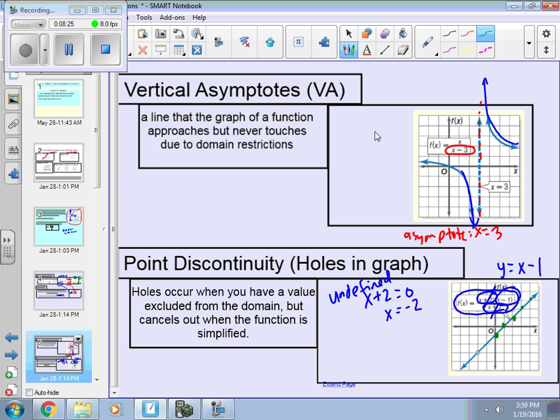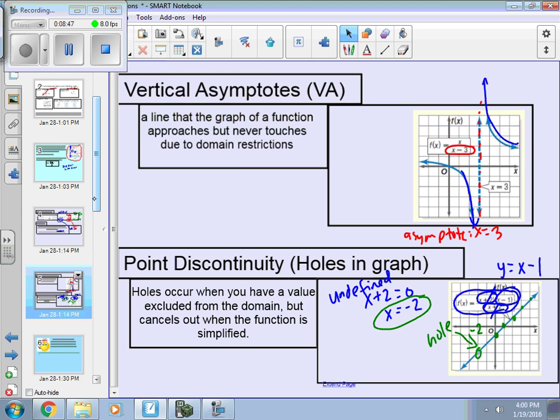But the difference is that one point, it's undefined there. We don't have a value. That's why you see here there's a hole at -2. There's a hole right here in the graph that we don't have a value for. And that happens because of that undefined value. So when it cancels with the top, it's not an asymptote, it becomes a hole.